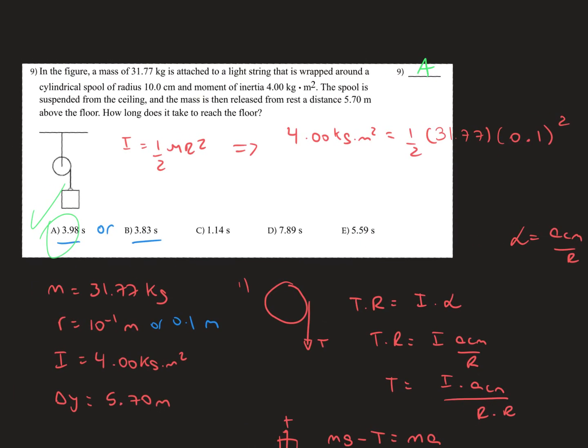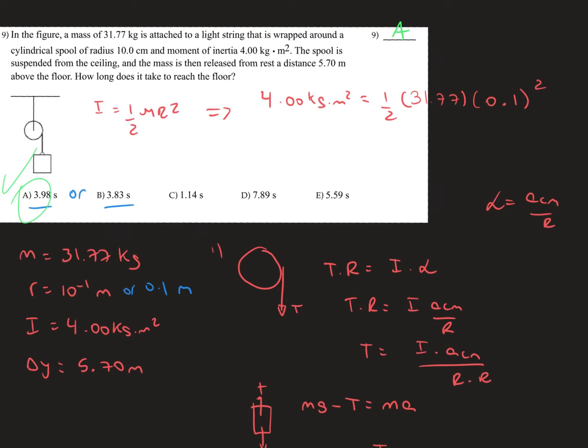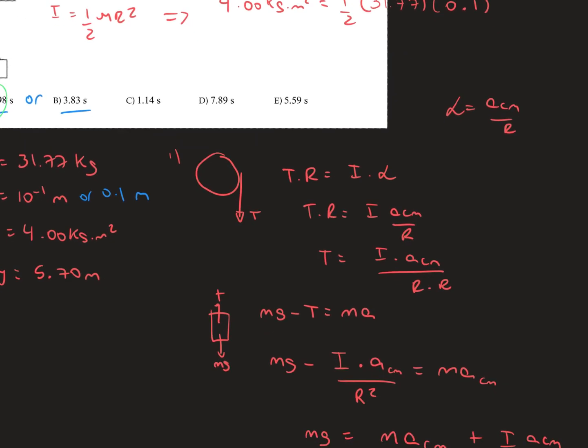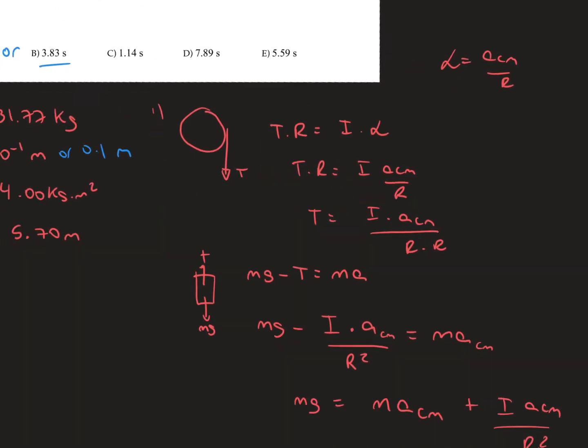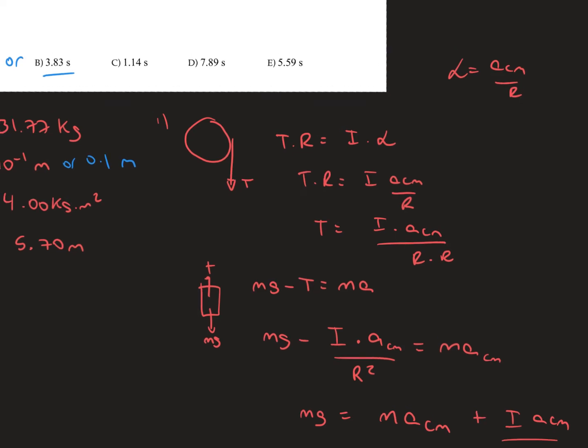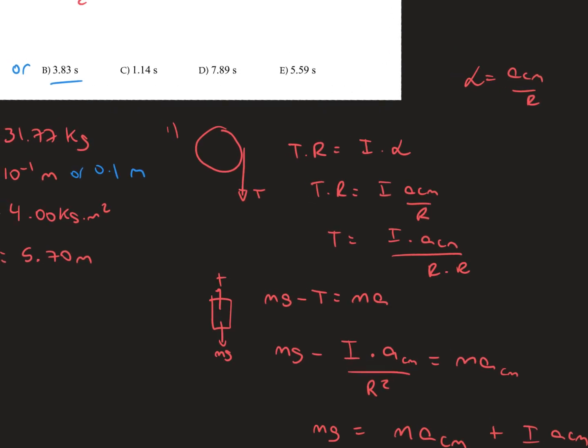So we know that in this problem we have a constant motion of acceleration. So we're trying to look for the acceleration of the center mass. One equation that's going to be useful is the torque being equal to tension times radius, which is also equal to the moment of inertia and alpha.